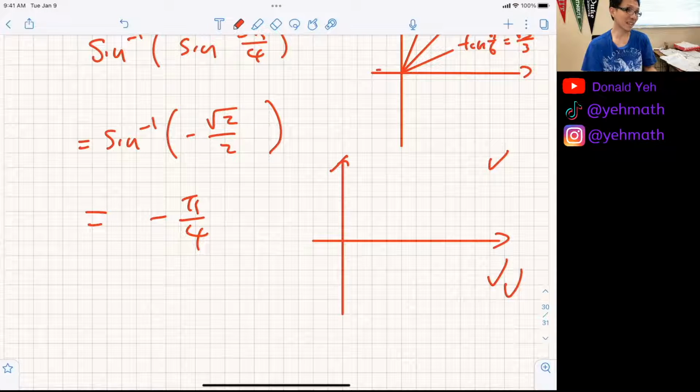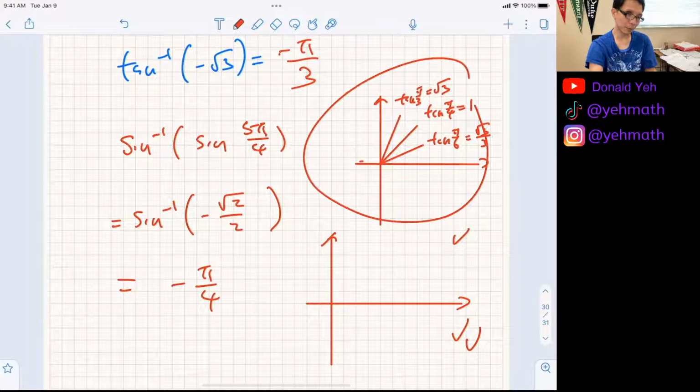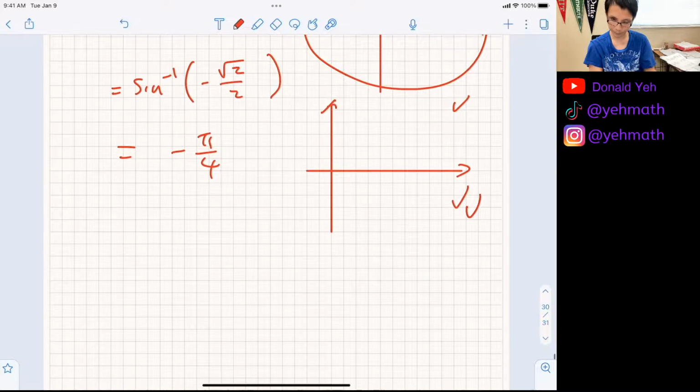Therefore it's going to be negative pi over 3. I cannot get any other value, because if it's 1, I would get negative pi over 4, and if it's square root 3 over 3, I would get negative pi over 6. So recalling those values helps me solve the problem.